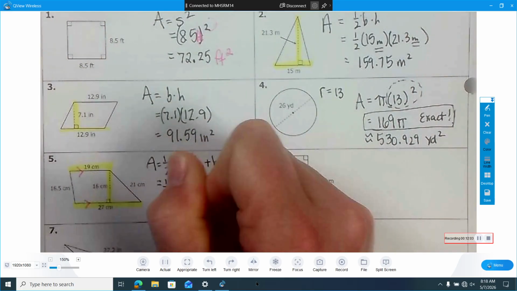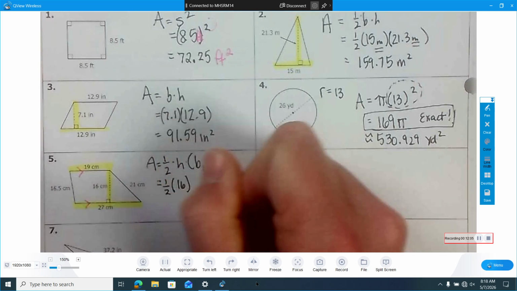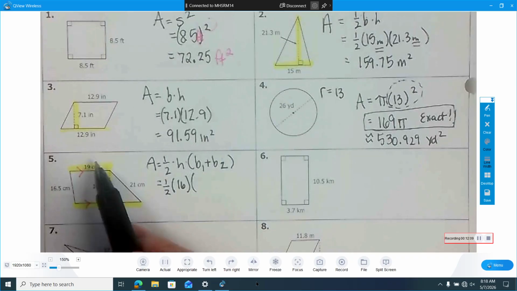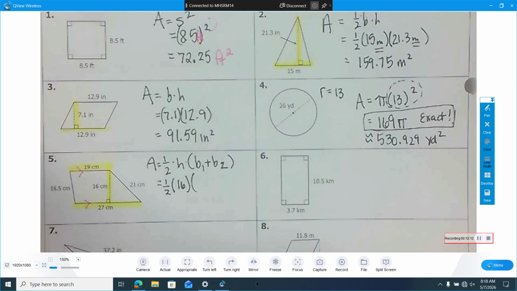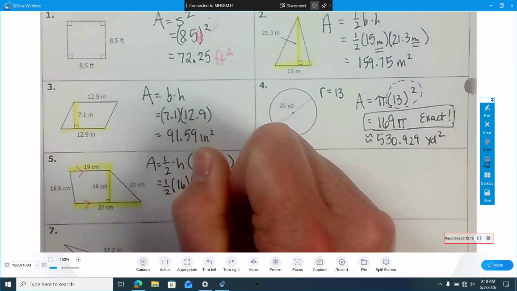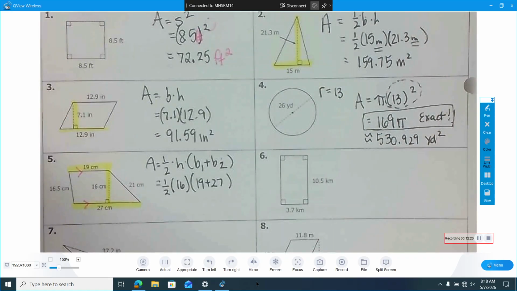This is 1/2. Our height is 16 centimeters, and then base 1 plus base 2. Does it matter which one I do first? No, right? 19 plus 27 is the same as 27 plus 19. Now, how can you plug this in wrong? By not using parentheses.